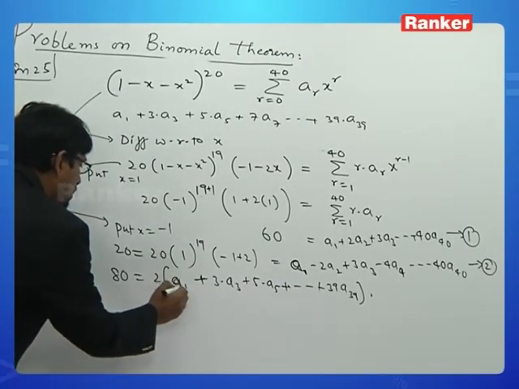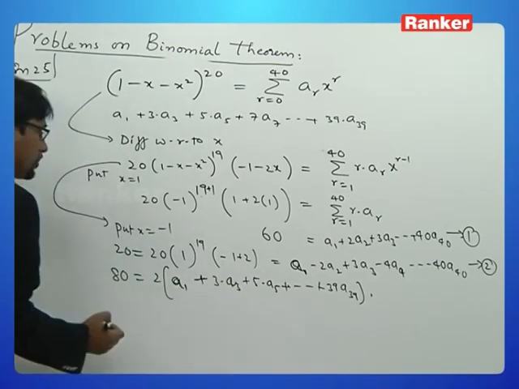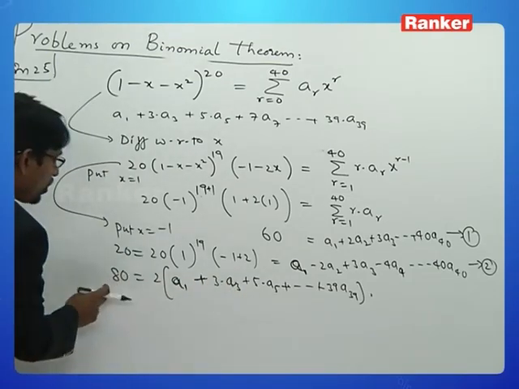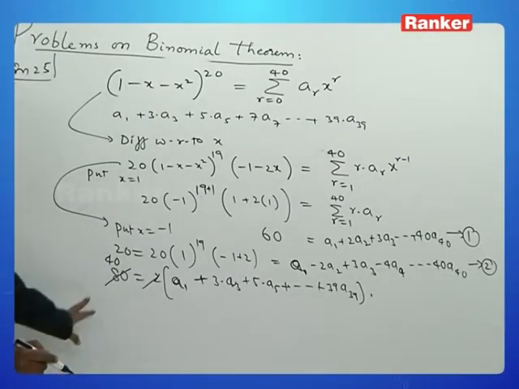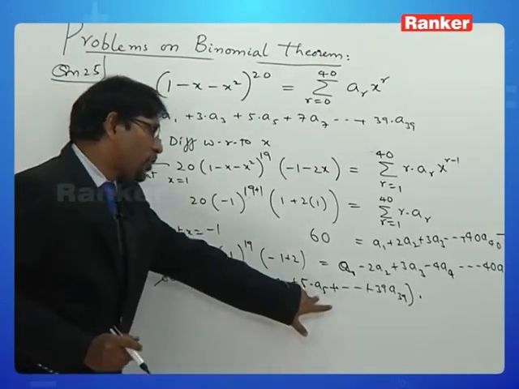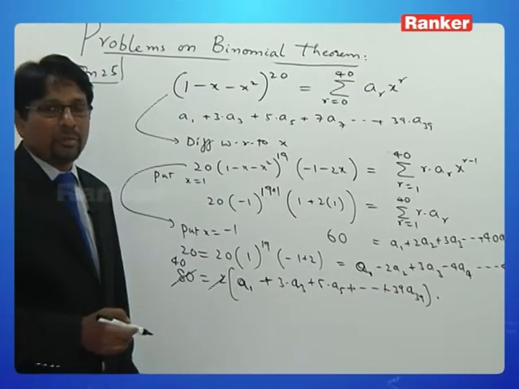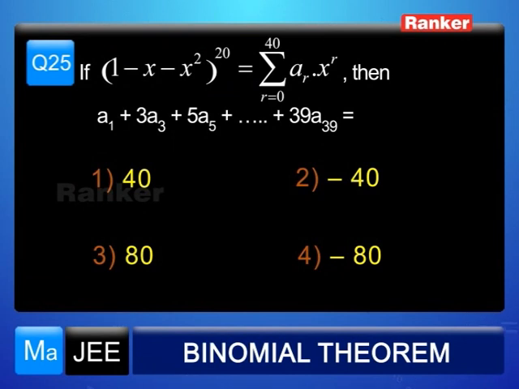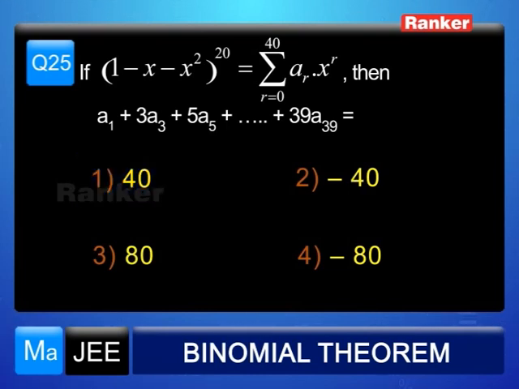So what is that coming out to be? This 2 cancels and we have 40 here. Therefore 40 is equal to a1 plus 3 into a3 plus 5 into a5 so on, 39 into a39. So clearly the answer for this question is 40, and we have that in option 4.